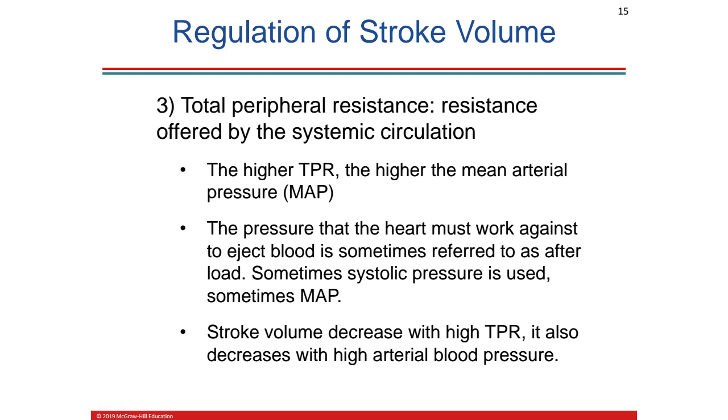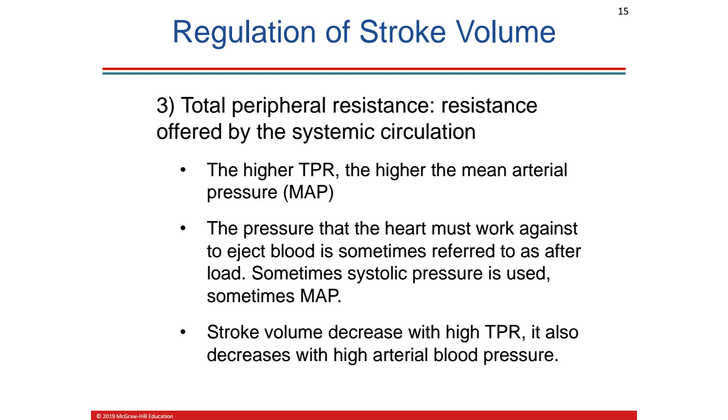So one idea is that the higher the TPR is, then that will lead to a higher mean arterial pressure, or MAP. And so that then determines, as the left ventricle is working to push blood into the aorta, the higher the mean arterial pressure, the more difficult it is for it to do its work, to eject blood into the aorta.